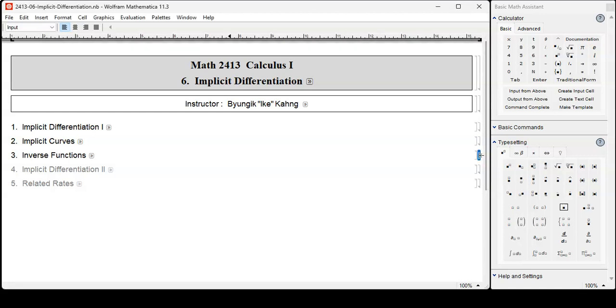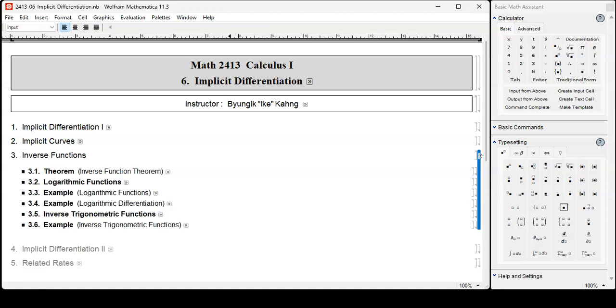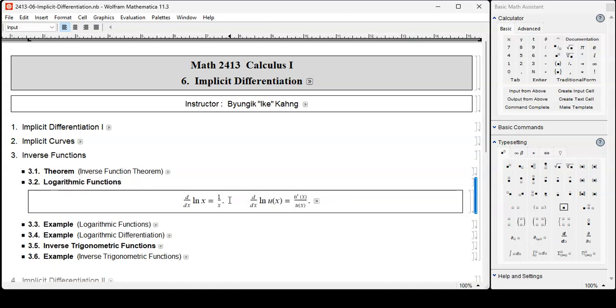Now, before opening up this cell, think of some examples of inverse functions. What kind of inverse functions can you think of? Well, here's an example. The most important class, the logarithmic functions. Among them, the most important is the natural logarithmic function.